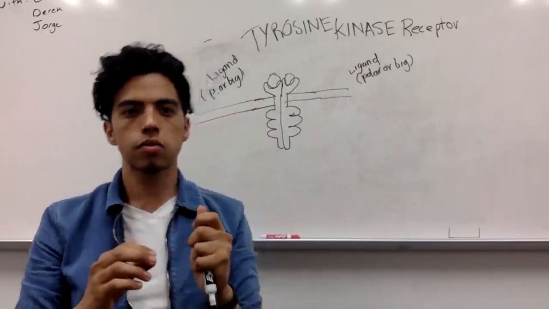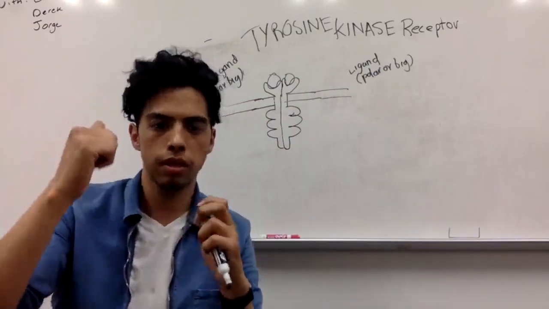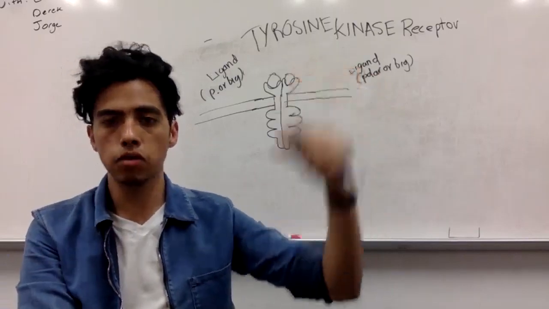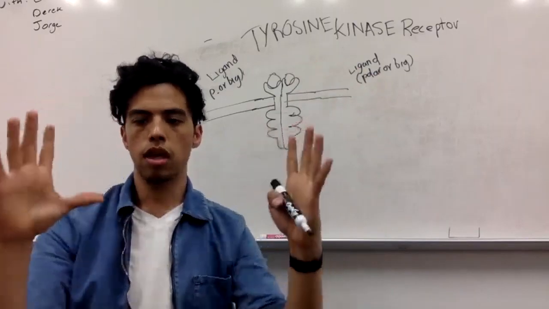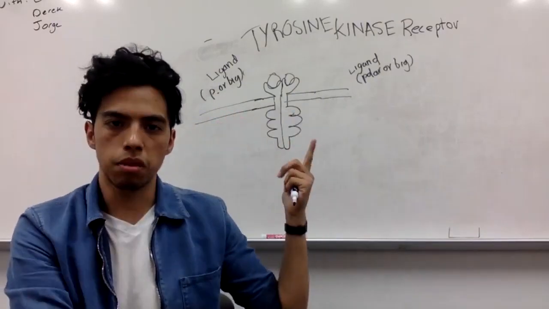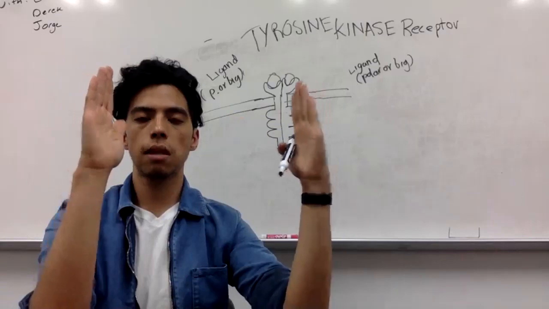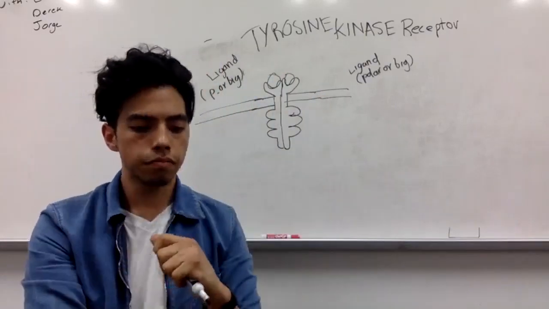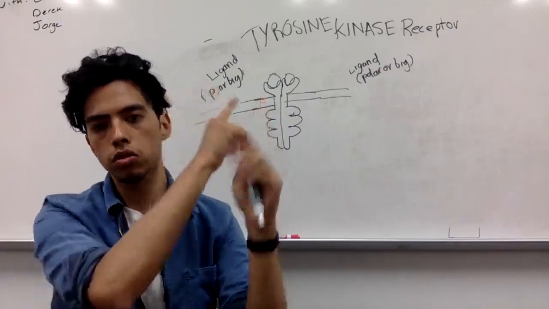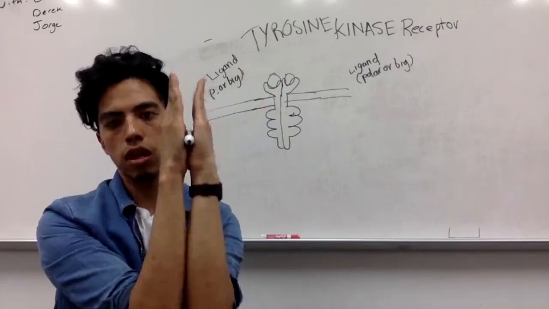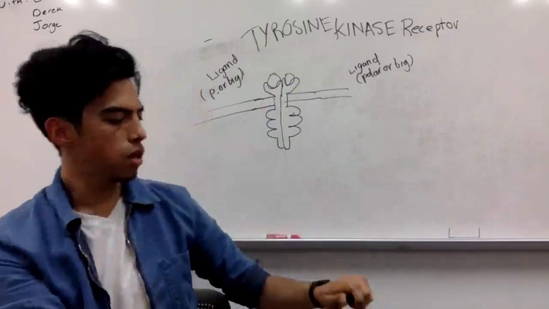If you remember from the G protein example, once the ligand molecule was bound to the G protein coupled receptor, it changed shape. In this case, it also changes shape. It went from being separate to being a dimer, right? As long as those signal molecules are attached, it's going to be a dimer, one thing, and it's going to be activated.